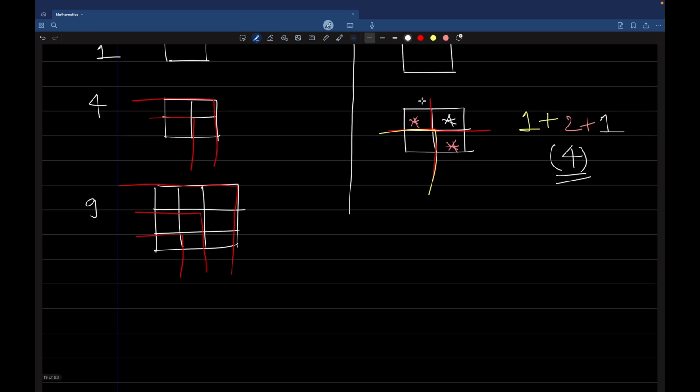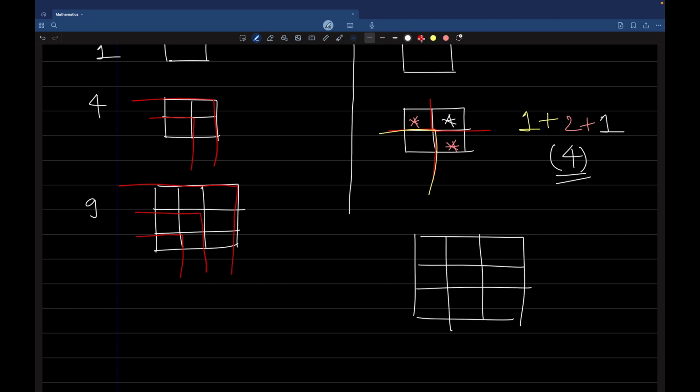Now let us draw for 9. If we divide this box in two different sides, this is 1, this is 2.